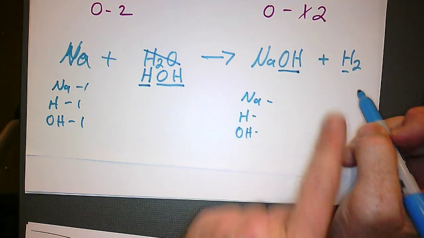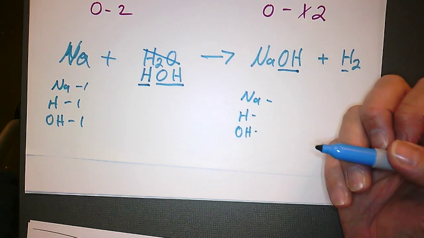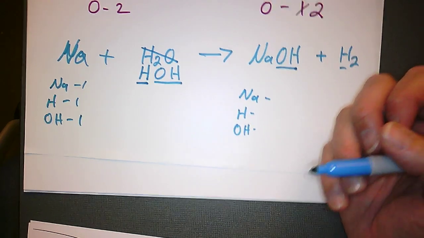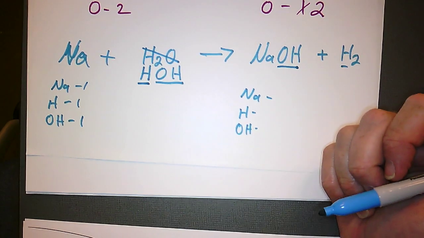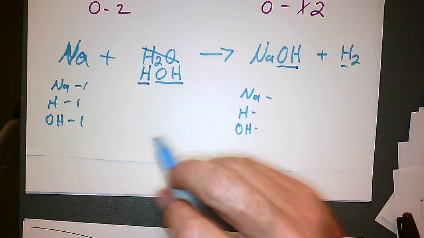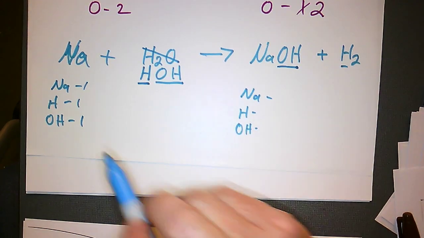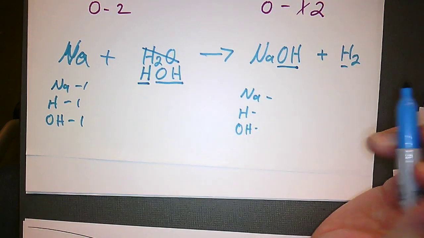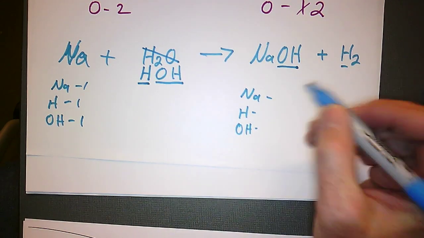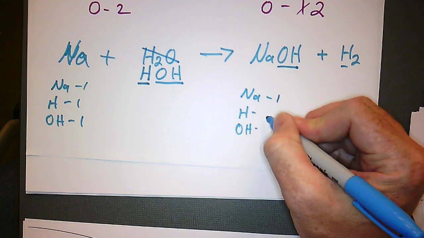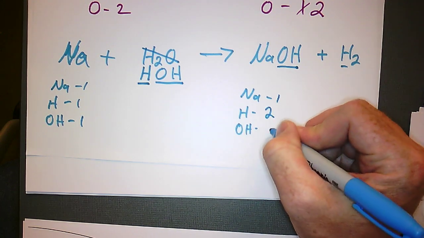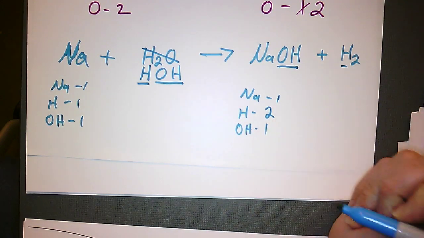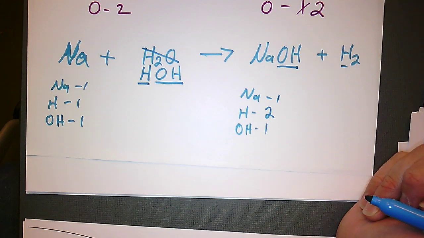If not, I've got my H's in two spots, and we will do one like that, but it makes it a lot harder to balance. A lot harder. And because this is actually how this reaction works, the sodium actually splits up the water molecule in this way. It makes it easier to balance. Okay, on the right side I have one Na, I have two H's, and one OH. Okay, are you with me?